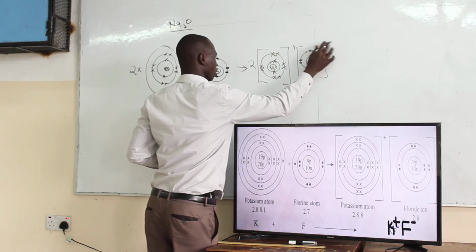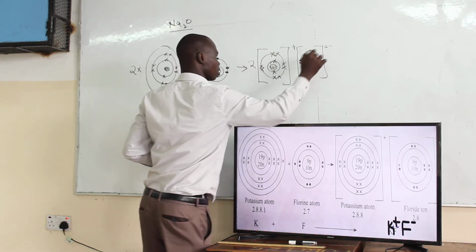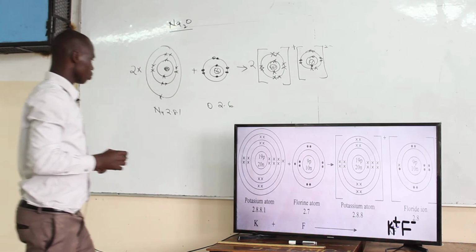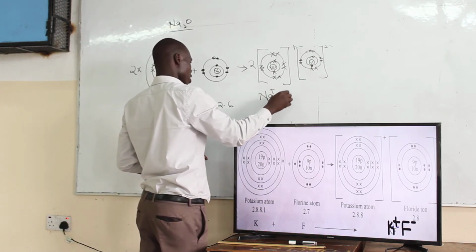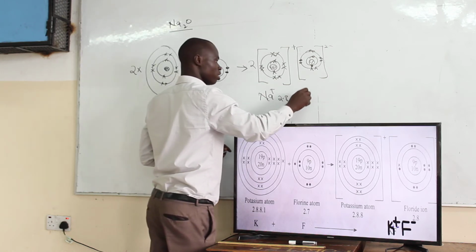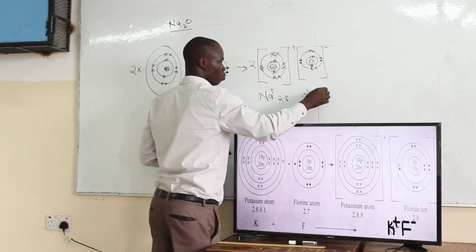So we end up with sodium plus, 2 of them, and 1 oxygen, 2 minus.